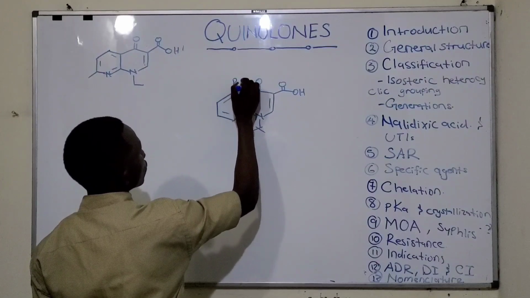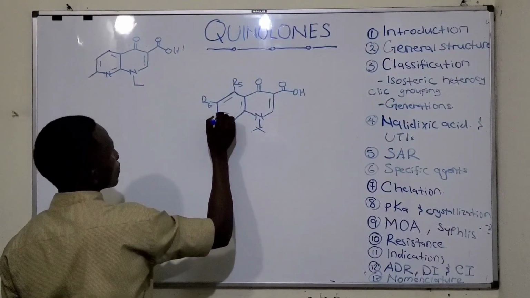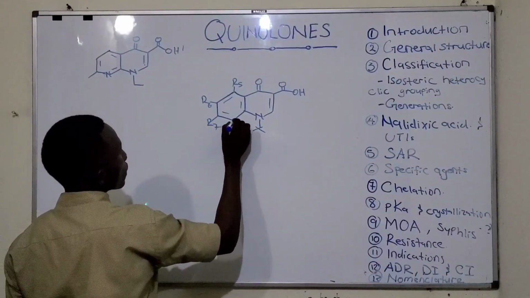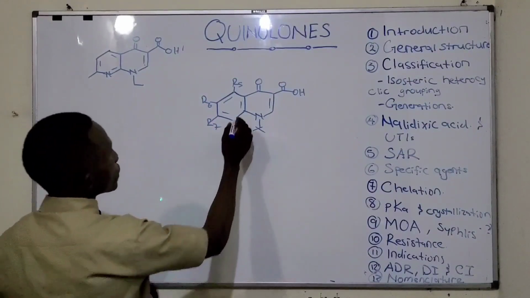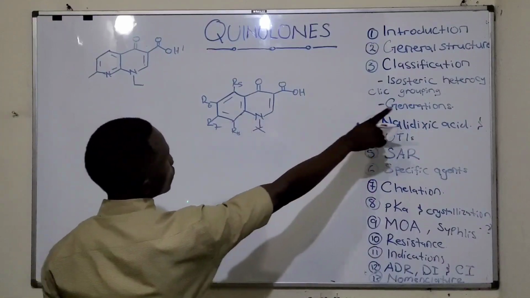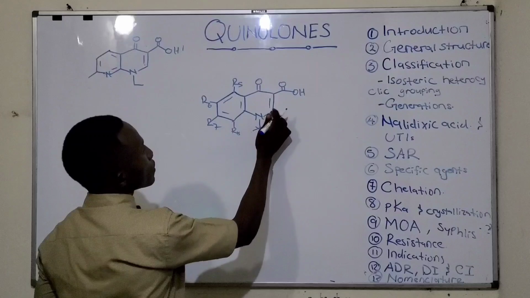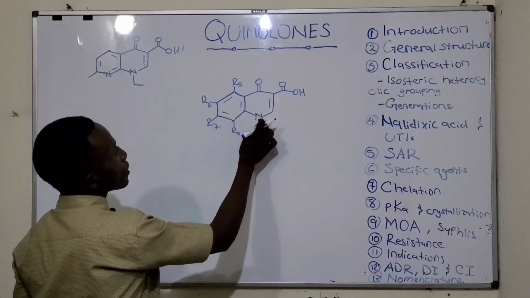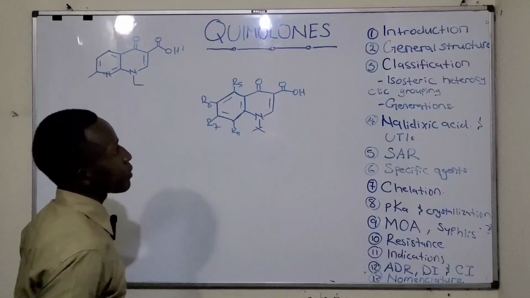Here is R5, we have R6, R7, and R8. So we said according to the isosteric heterocyclic grouping, we can have these carbons substituted with nitrogen. We saw that in the previous video.